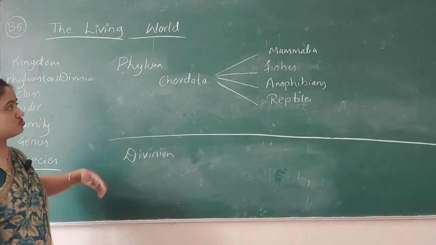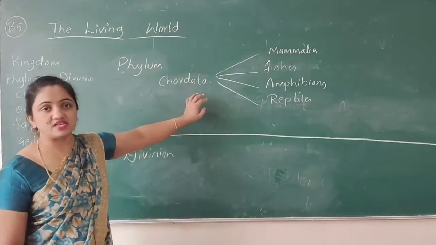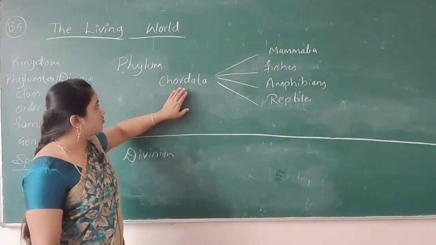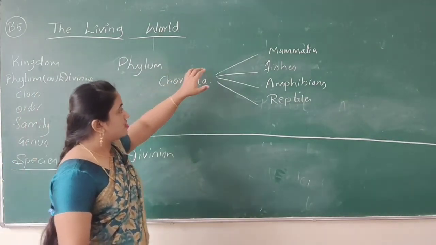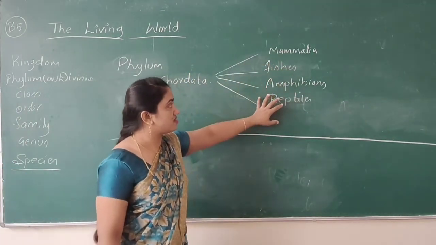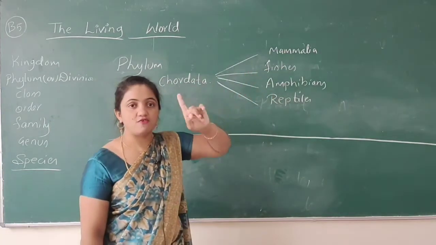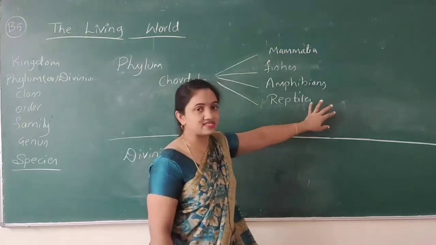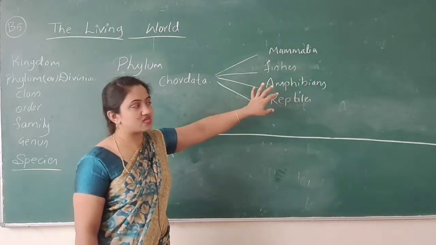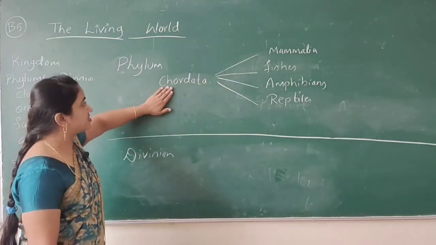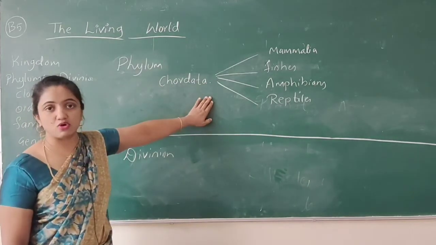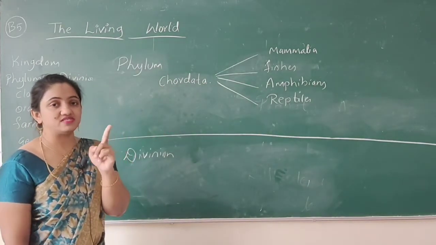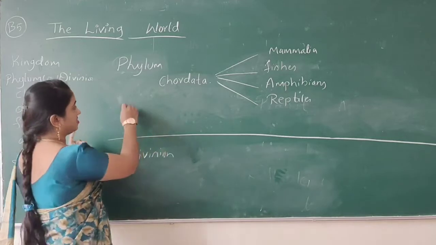Okay, so you know very well what Chordata is. Based on the presence of one similar character in all these animals, they are grouped under a similar phylum known as Chordata. What is that one similar character?